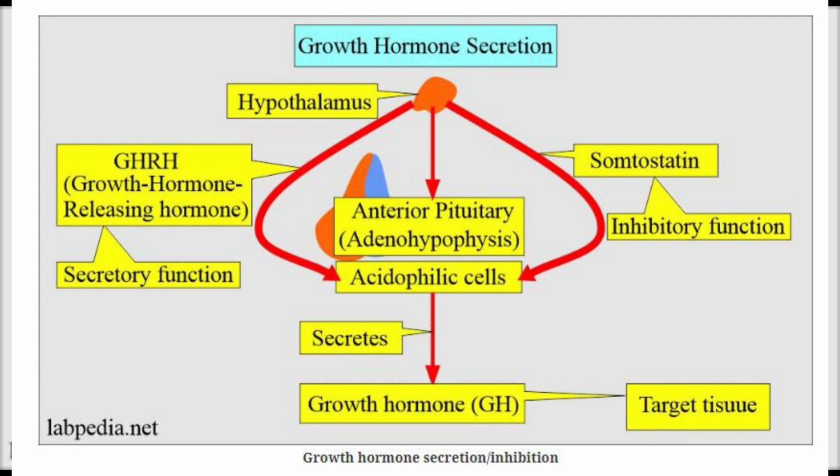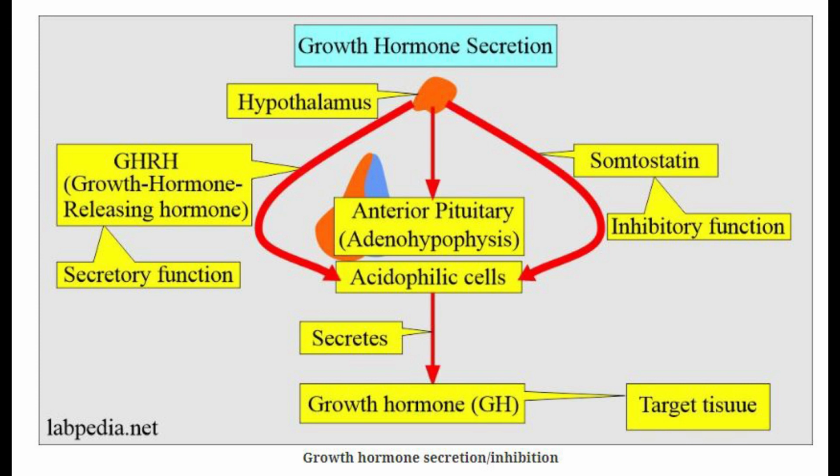It increases the release of growth hormone releasing hormone from the hypothalamus and growth hormone from the pituitary. Third is the growth hormone inhibitory hormone, or somatostatin. It decreases the growth hormone secretion. The somatostatin is also secreted by delta cells of islet of Langerhans that are present in the pancreas.